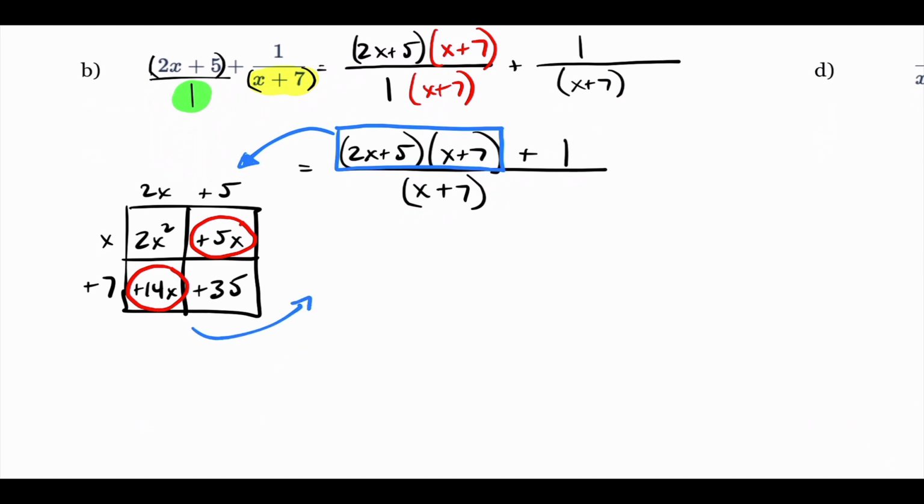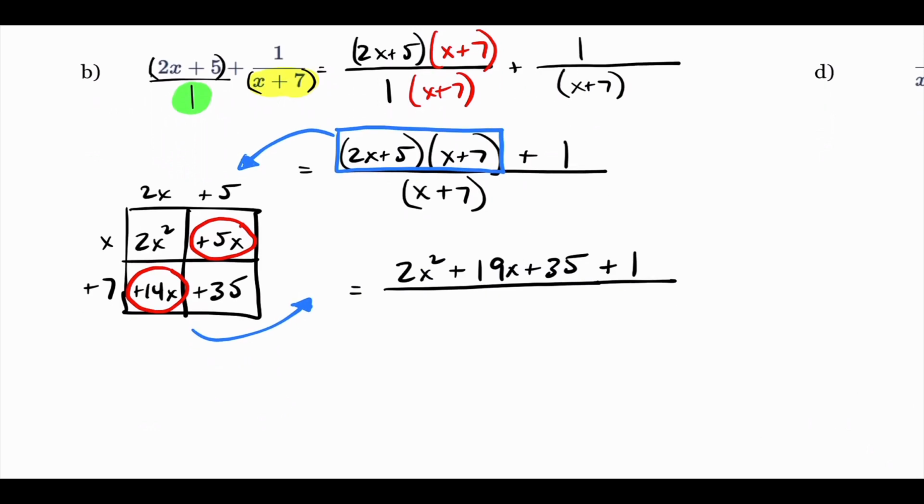Okay, so let me bring it out back now. So now I get 2x squared plus 19x plus 35. I still have that plus 1 that I didn't use. And then on the bottom, I still have x plus 7.